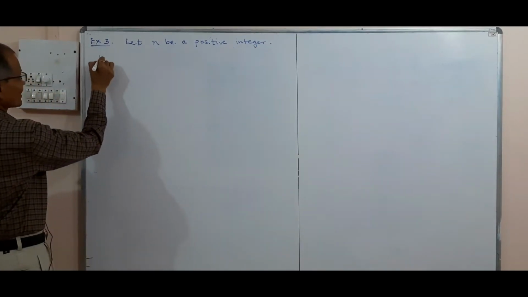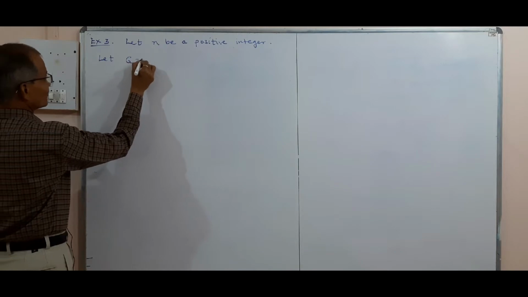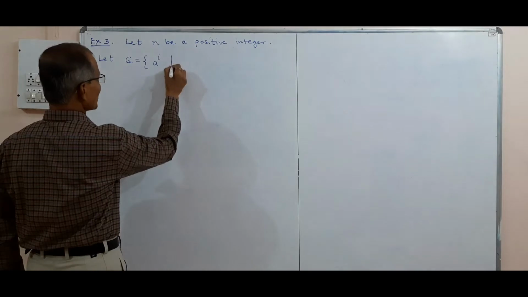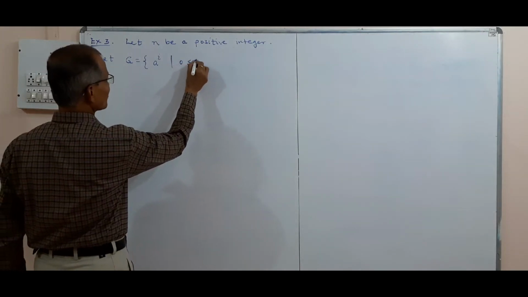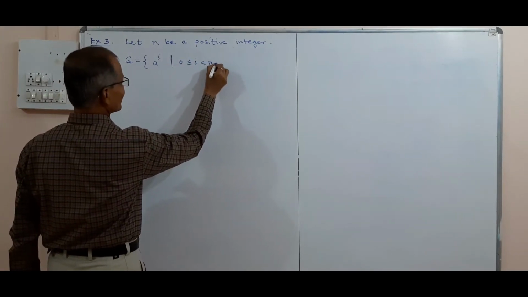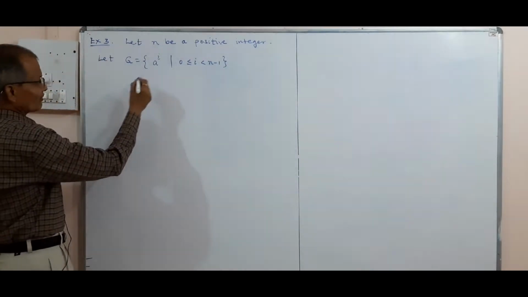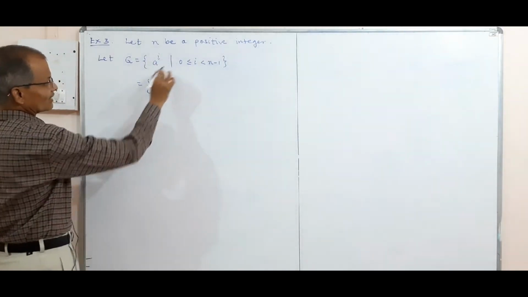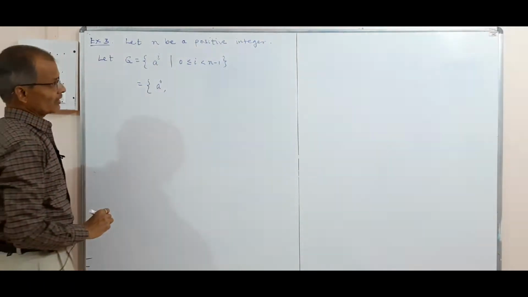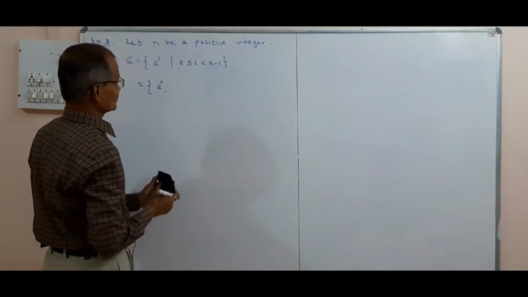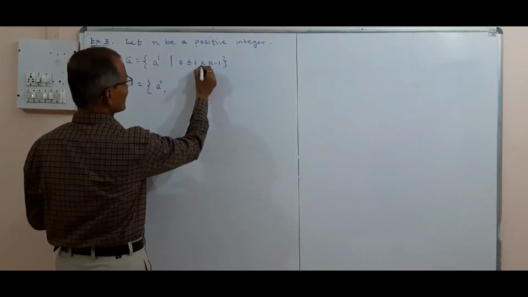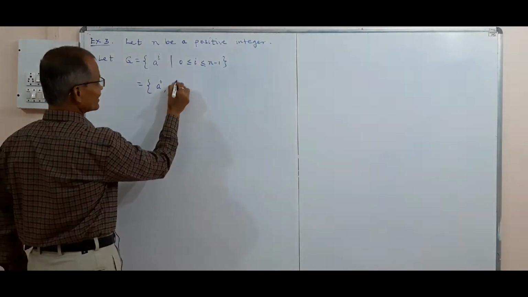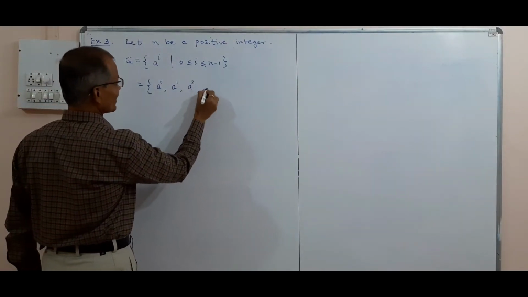And we defined G as G is equal to a raised to i such that 0 is less than or equal to i is less than n. Or if you write the actual elements, then it will be a raised to 0, a raised to 1, a square, and so on.